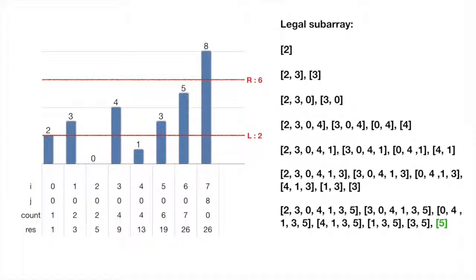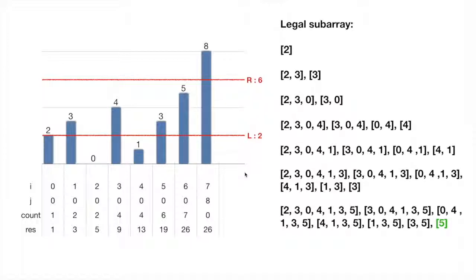Next element is bigger than the upper bound, so we say that is condition 3. The element is bigger than the upper bound. In this case, we regard this element as a gap, meaning that the subarray before this element can't connect to the element after this element, because a subarray is a combination of continuous elements.